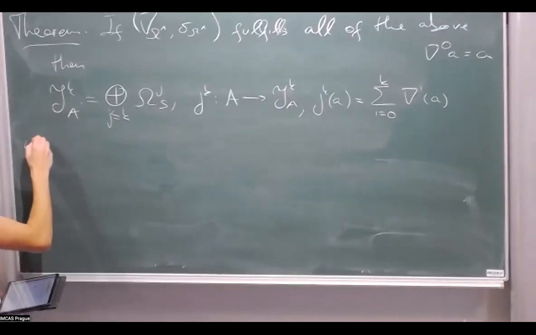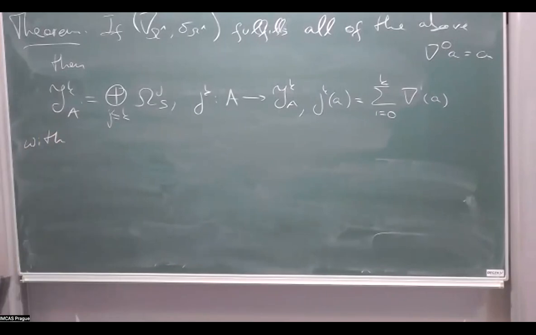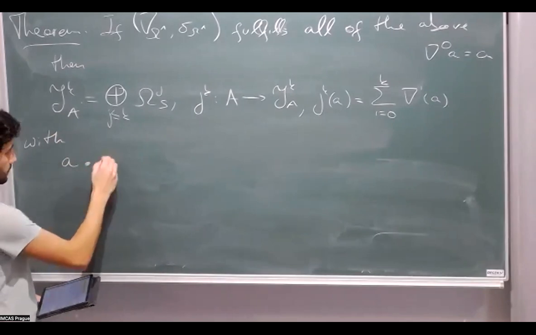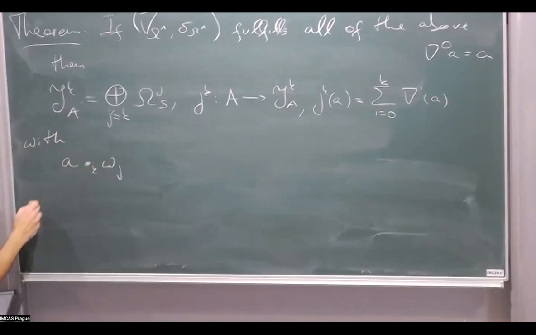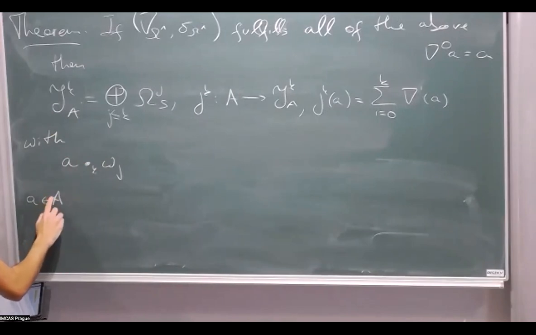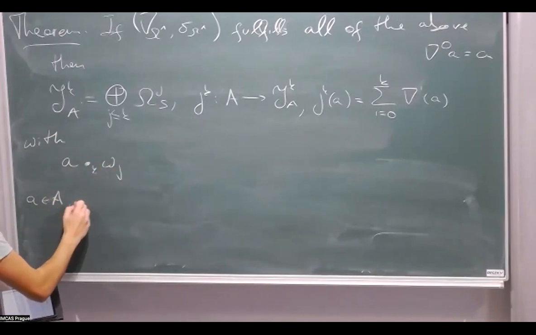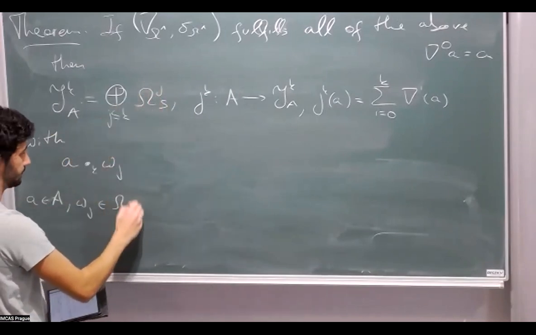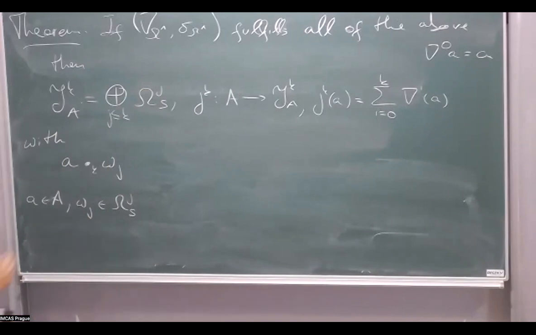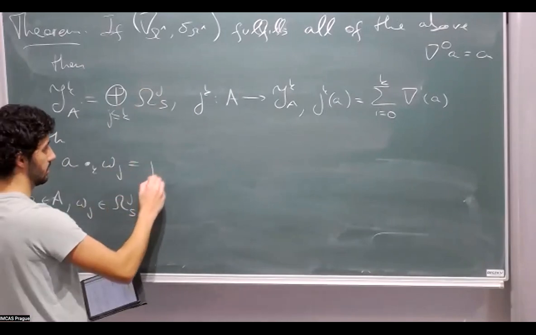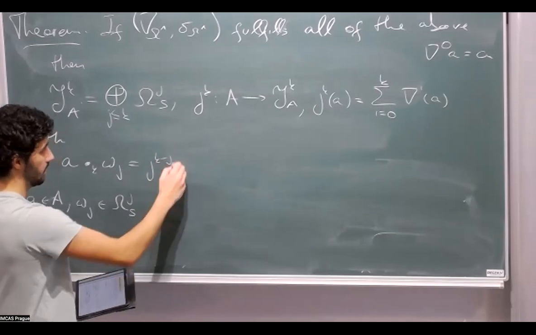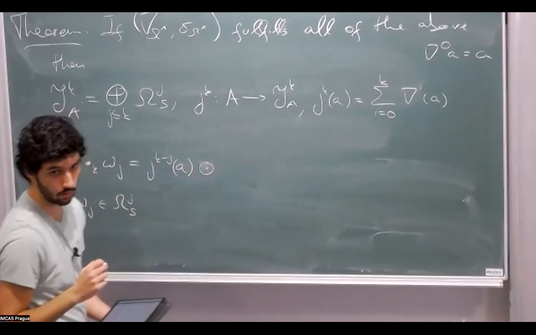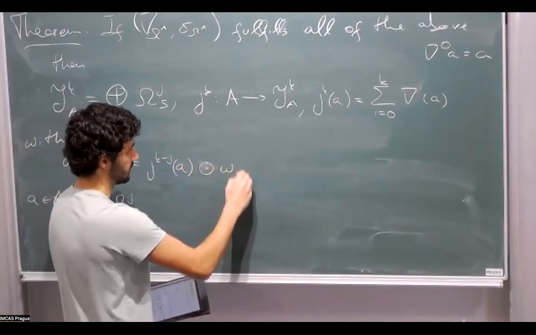So this with the module structure given by, and the module structure now actually simplifies quite a bit. If we have an element of the algebra A, and we multiply it with omega j, where omega j is just in one of these symmetric spaces, then we define this as just the (k minus j)th jet of A, and then we take this symmetrized product with the binomials times omega j.